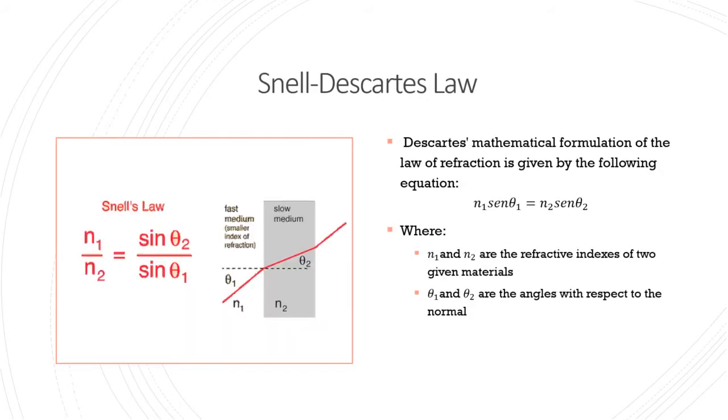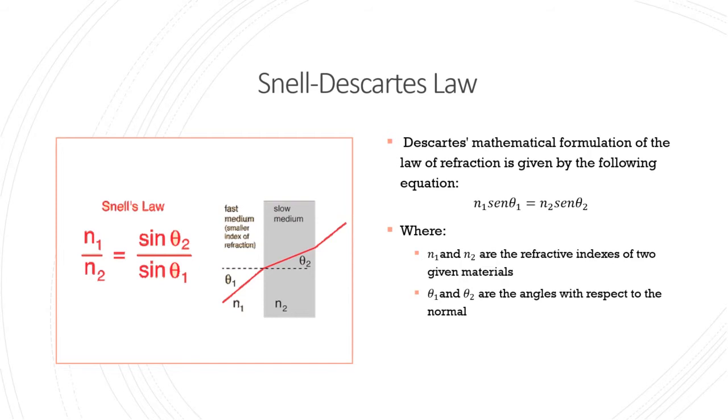Snell-Descartes law. Descartes' mathematical formulation of the law of refraction is given by the following equation: n1 times sin of theta 1 is equal to n2 times sin of theta 2, where n1 and n2 are the refractive indexes of two given materials, and theta 1 and theta 2 are the angles with respect to the normal, as shown in the figure.